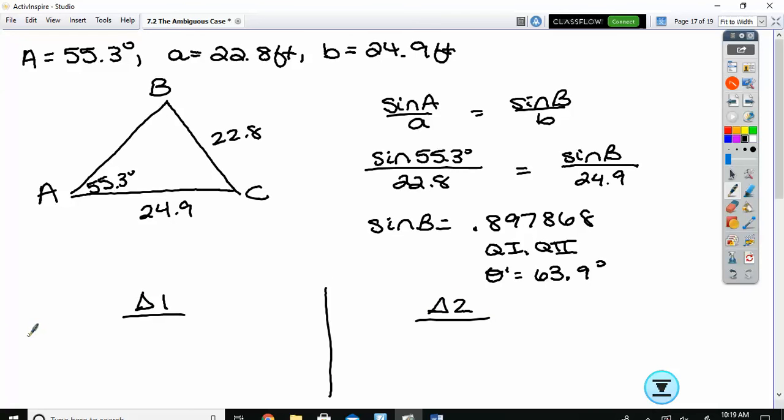So in triangle 1, my angle B, in quadrant 1, your reference angle is equal to your angle, so that's 63.9. In quadrant 2, you have to do what? 180 minus that, and you get 116.1 degrees.